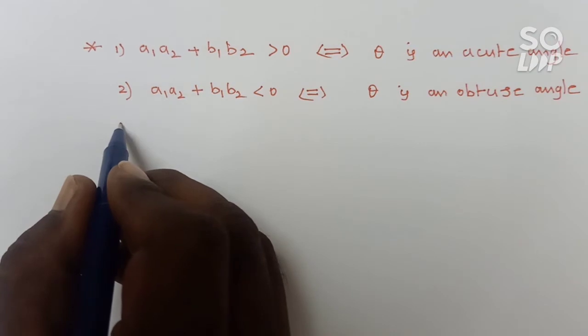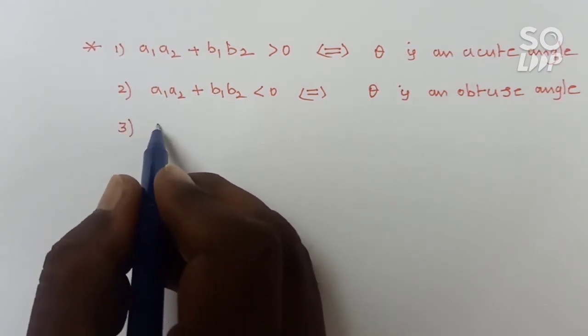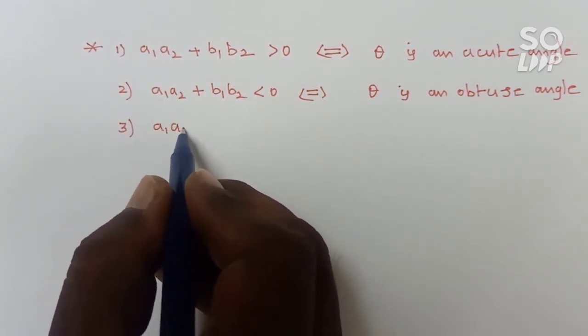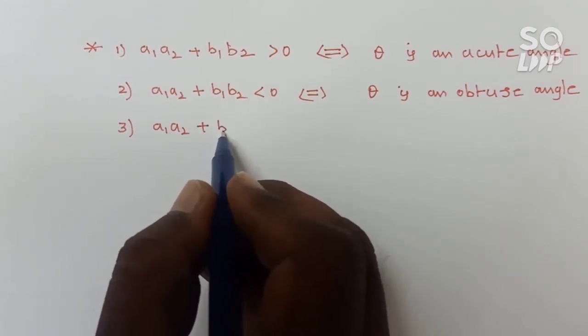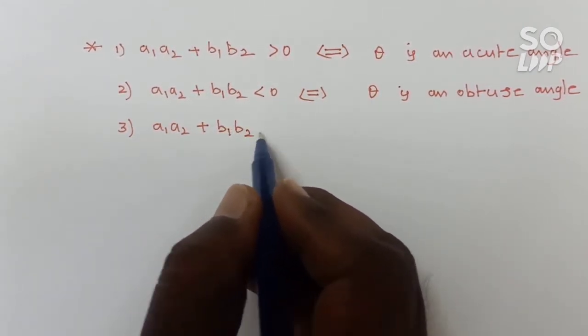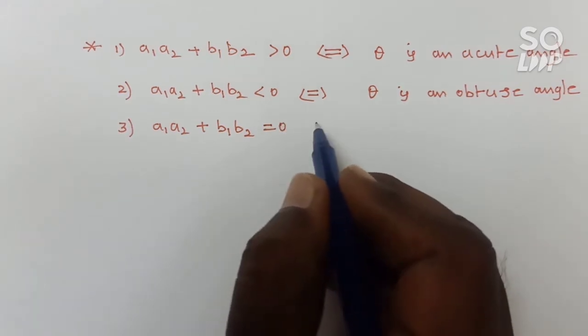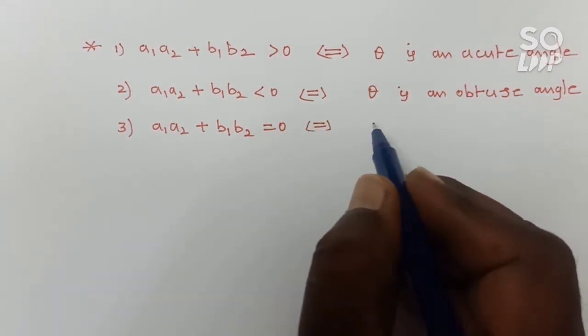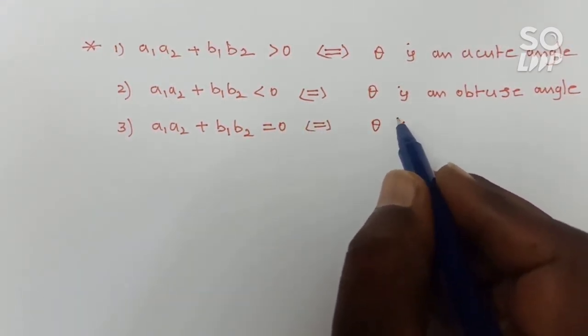And the next point is a1 into a2 plus b1 into b2 is equal to 0 if and only if theta is a right angle.